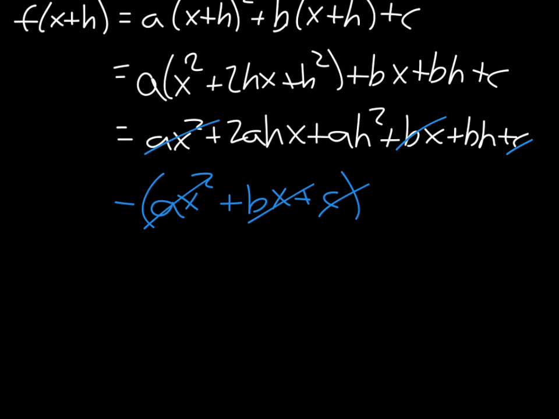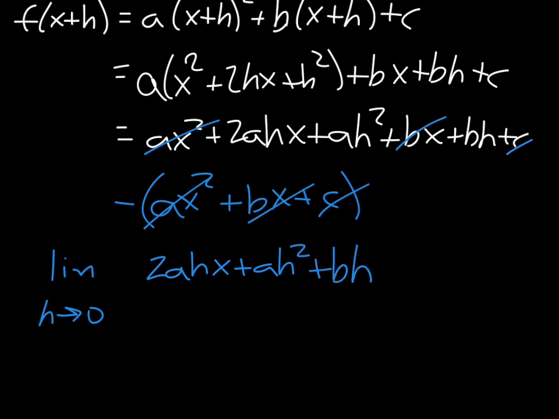So then what we're saying is we have the limit as h approaches 0, and the numerator looks like it's 2ahx plus ah squared plus bh. Factor out an h, and so then we would have 2ax plus ah plus b.